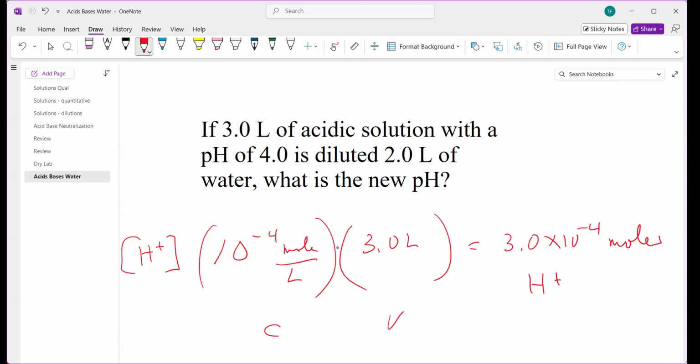Okay, we okay so far? Concentration times volume, moles per liter times liters gives us moles. So now we know how many moles of H plus we have in that water.